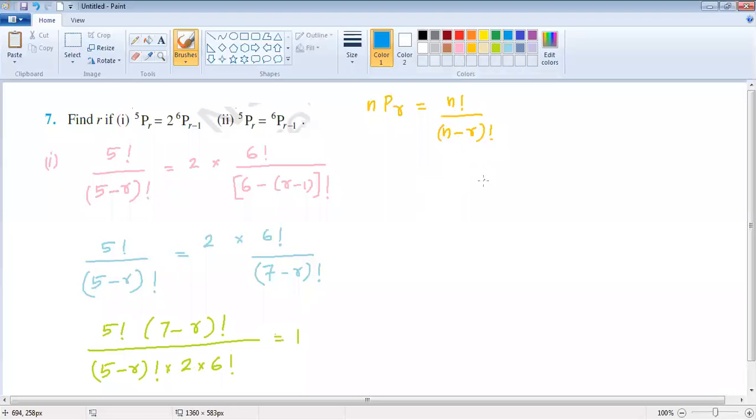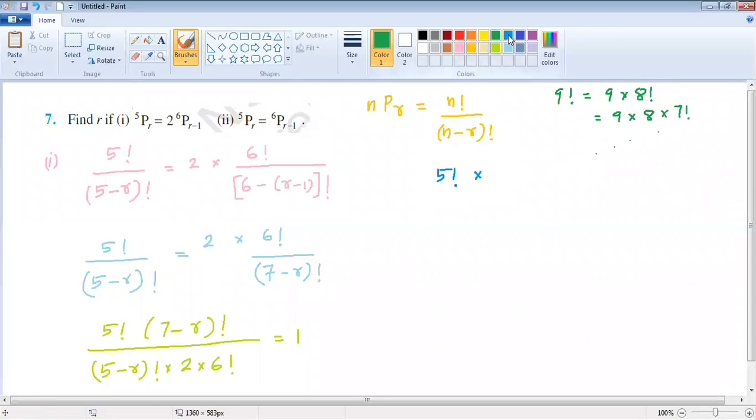So now this is 5 factorial into 7 minus r factorial. जैसे 9 factorial को you write 9 into 8 factorial, और आप ऐसे भी लिख सकते हैं 9 into 8 into 7 factorial.